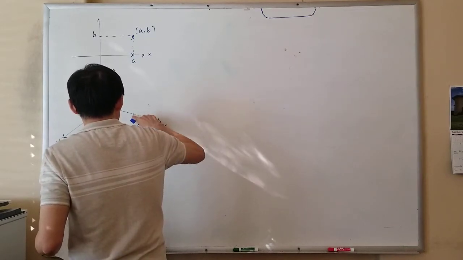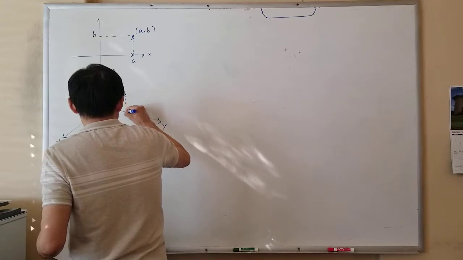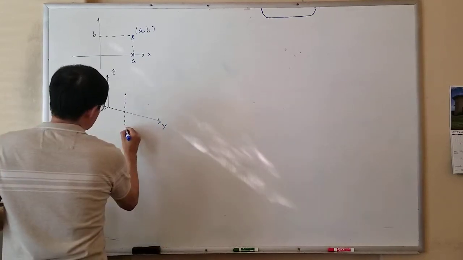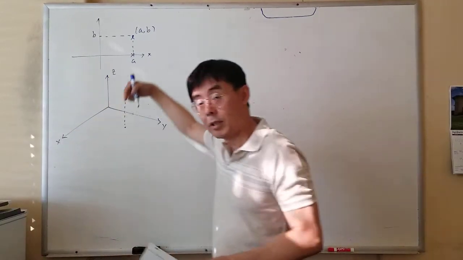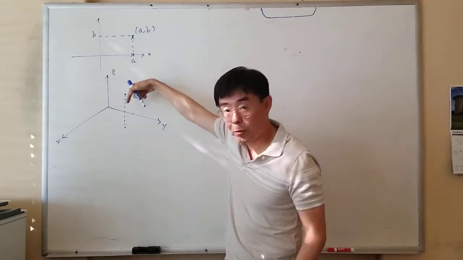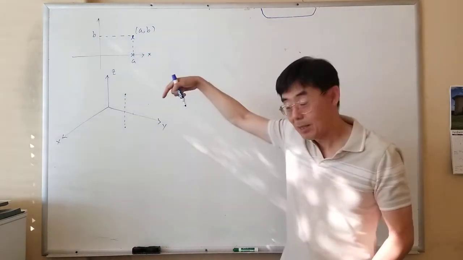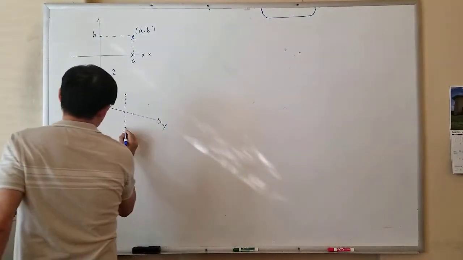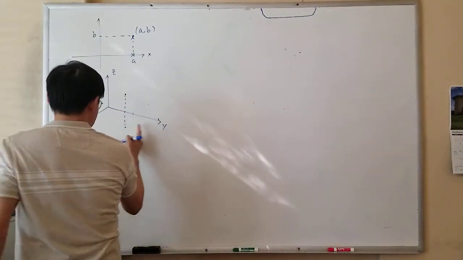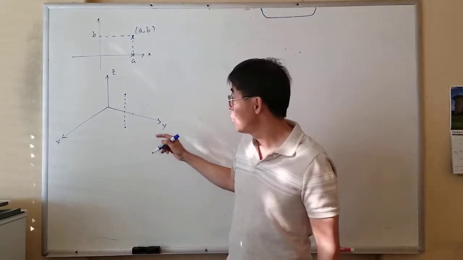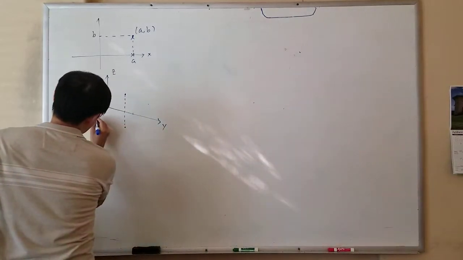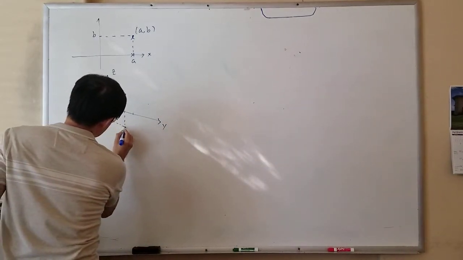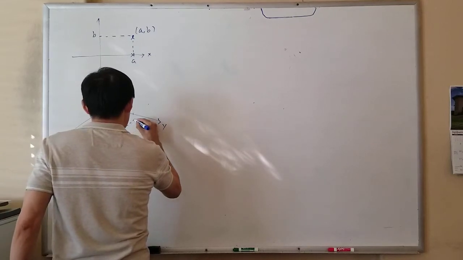When you have a point here, you can draw vertically going down to here, and this is the projection. You can think about lowering a rope until it touches the ground. Now this is the xy plane, so you find the xy coordinates.